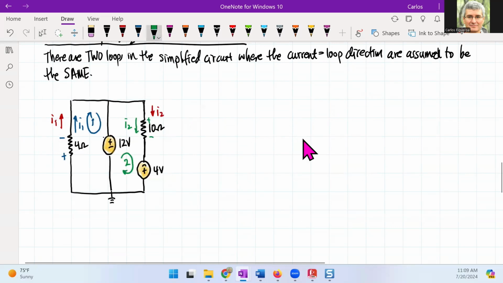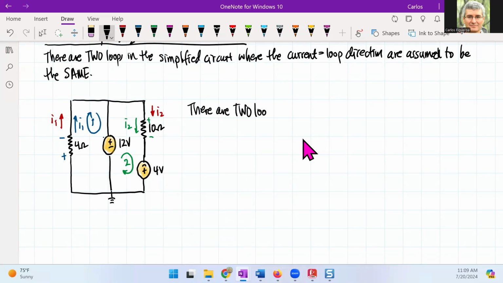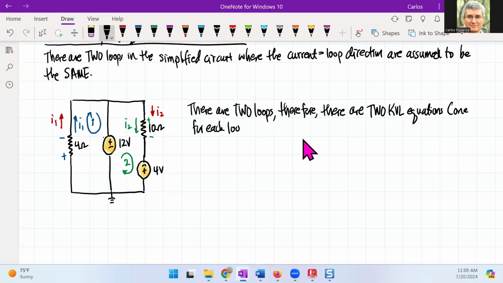What I'm seeing here is that there are two loops, and therefore there are two Kirchhoff voltage law equations, one for each loop.